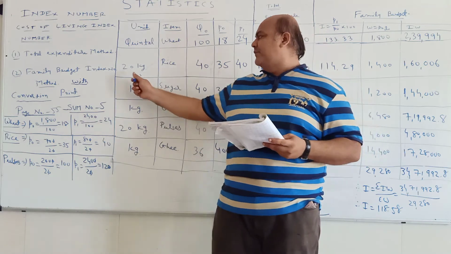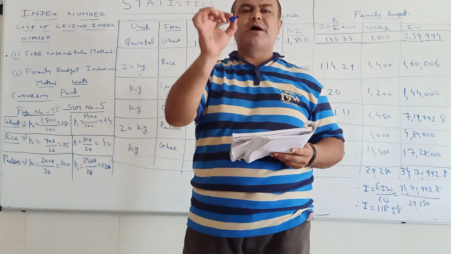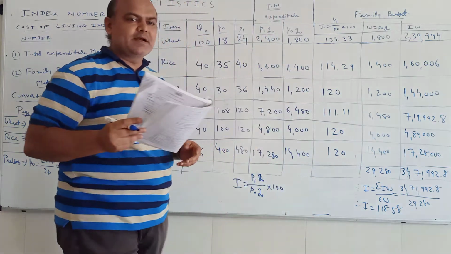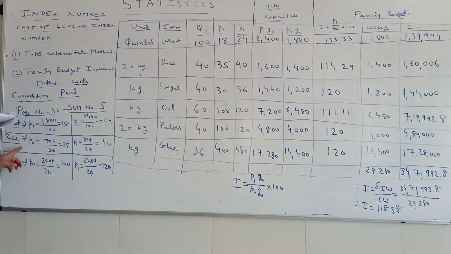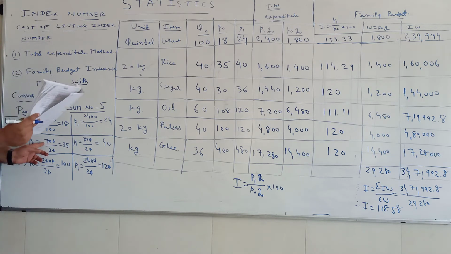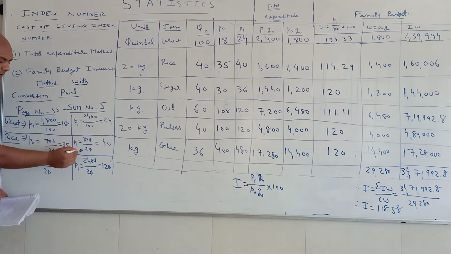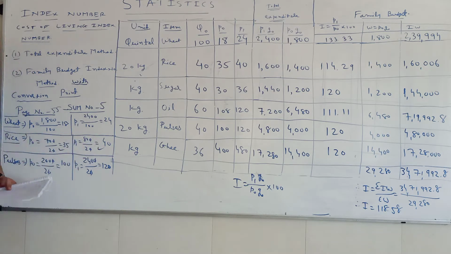Suppose they provide us 15 kg, then both the prices are divided by 15. So here I would like to explain the calculation of rice. The P0, that is base year price, 700 given in the question, 700 divided by 20, that is 35. And 800 given in the question, so 800 divided by 20, that is 40.